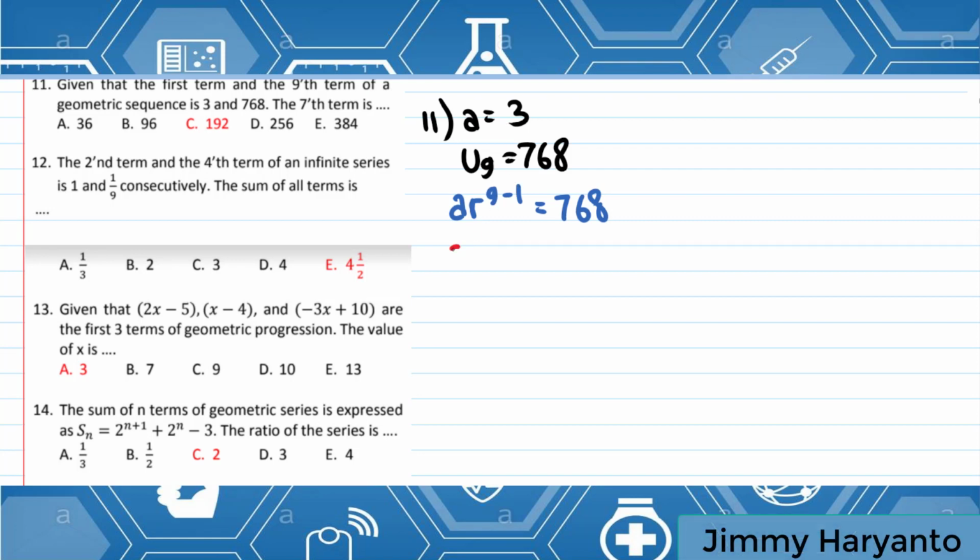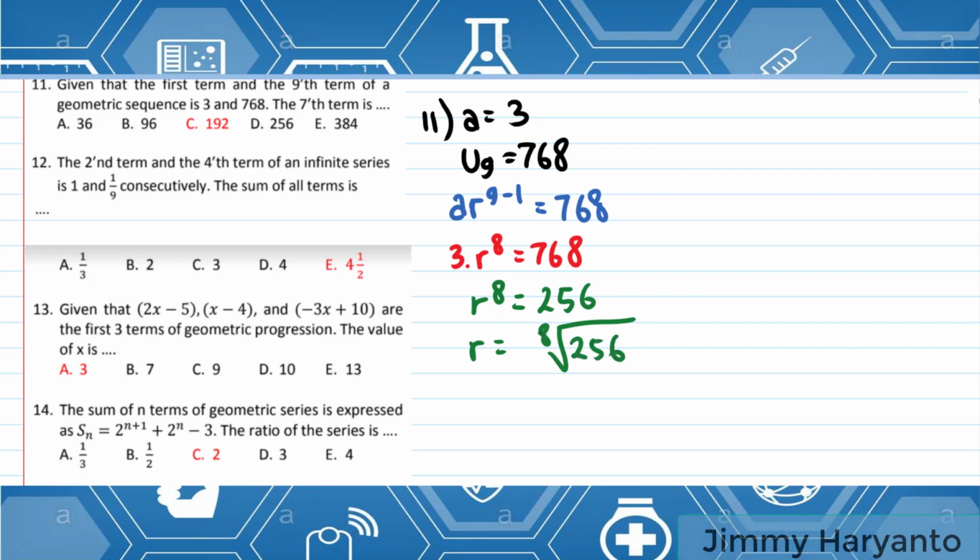So I can put 3 times r to the power of 8 equals 768. And then I can calculate r to the power of 8 equals 256. And then I have to take the 8th root of 256.